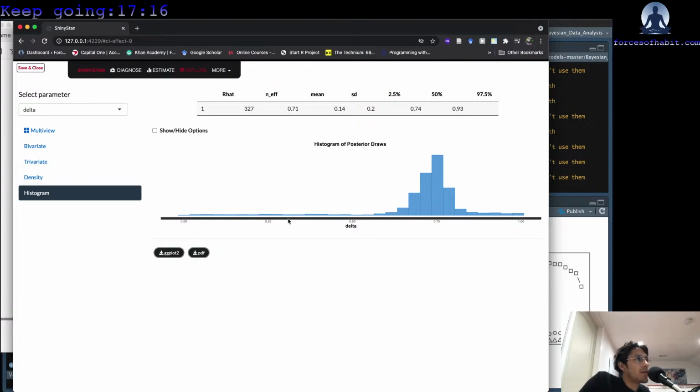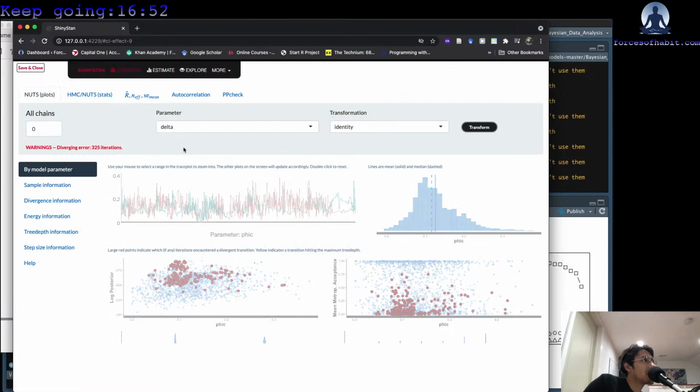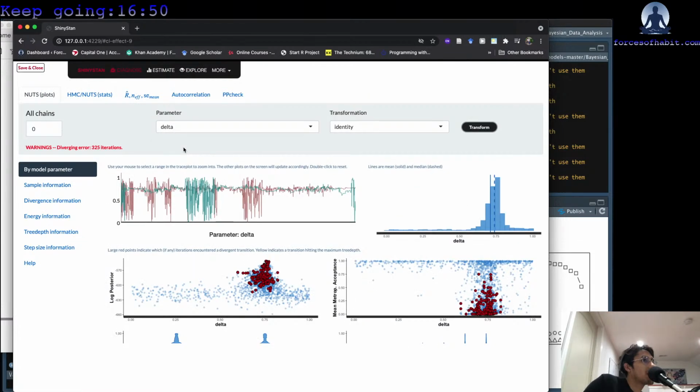And it looks like, if we're thinking about hypothesis testing here, there is certainly a difference. And this difference is large. But the estimate looks unreliable, right?